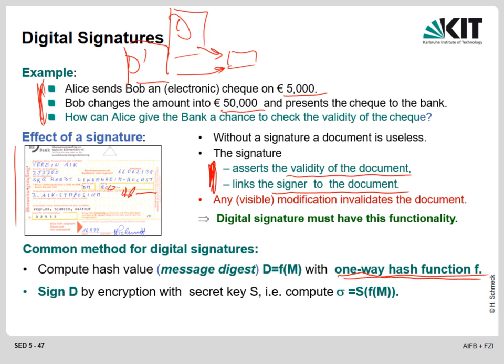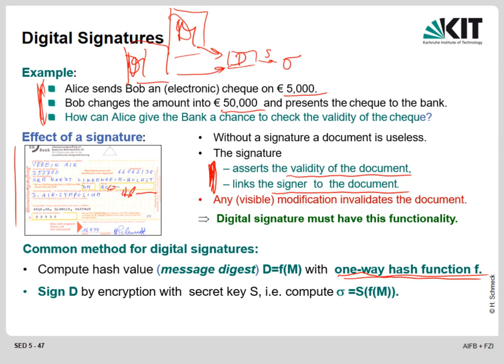And then you sign this digest. So my document actually is not D, but it is M, and M prime. This is D. This is my digest, the message digest. And then I sign that digest by encrypting it with my secret key. So I use my secret key, and then I get a signature sigma.